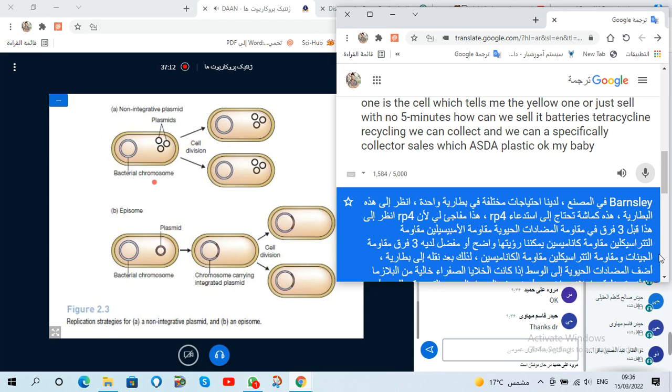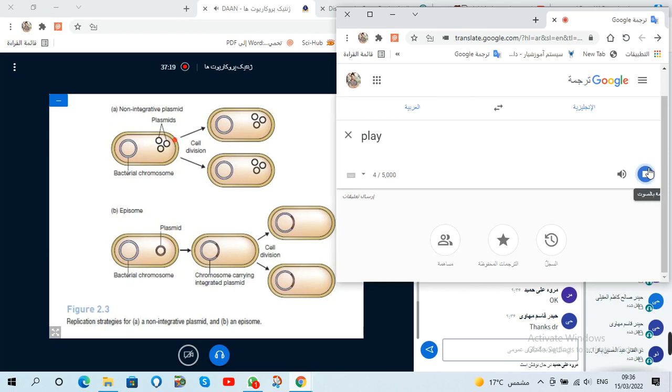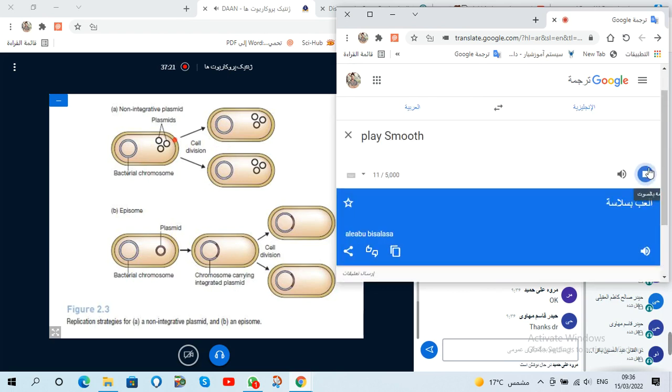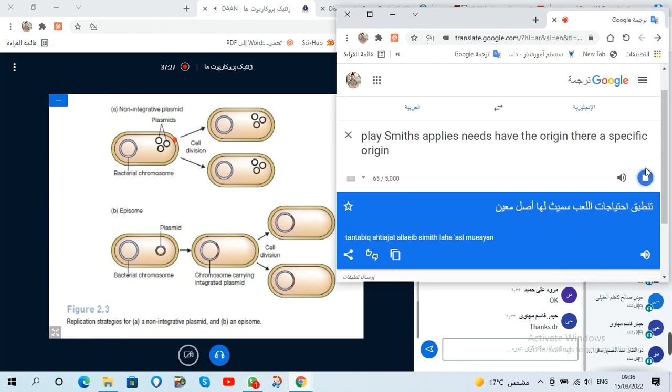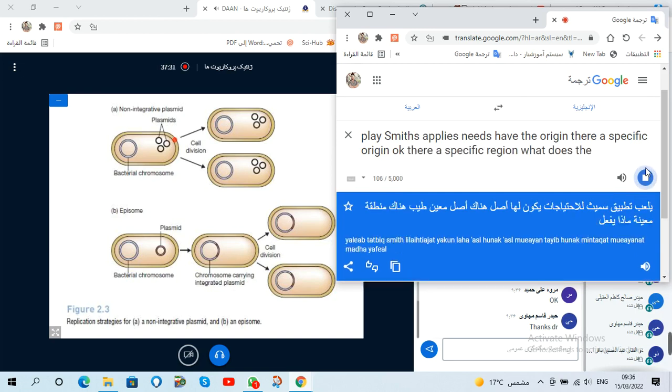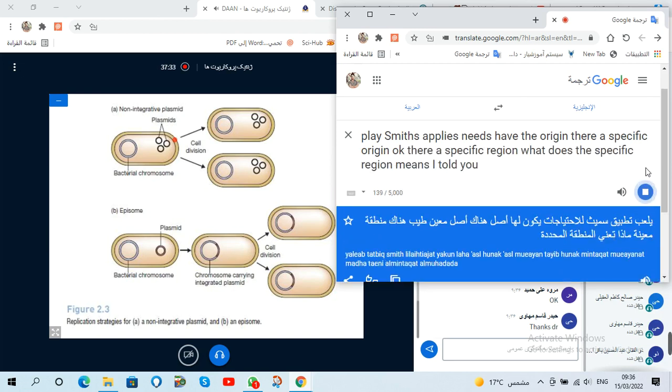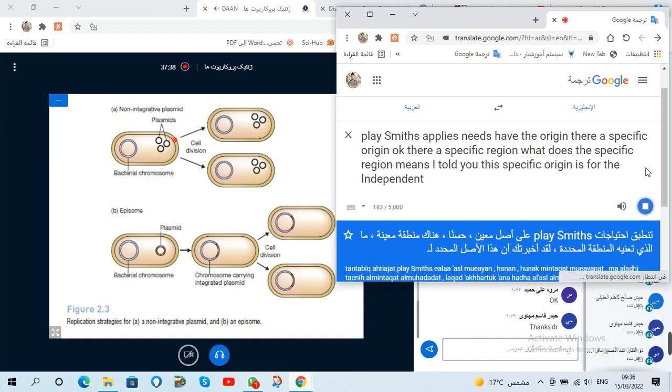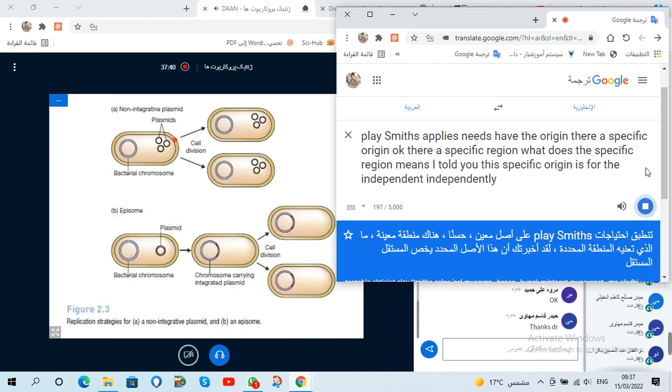So I told you plasmids have their specific origin. What does their specific origin mean? The specific origin is for their independent amplification.